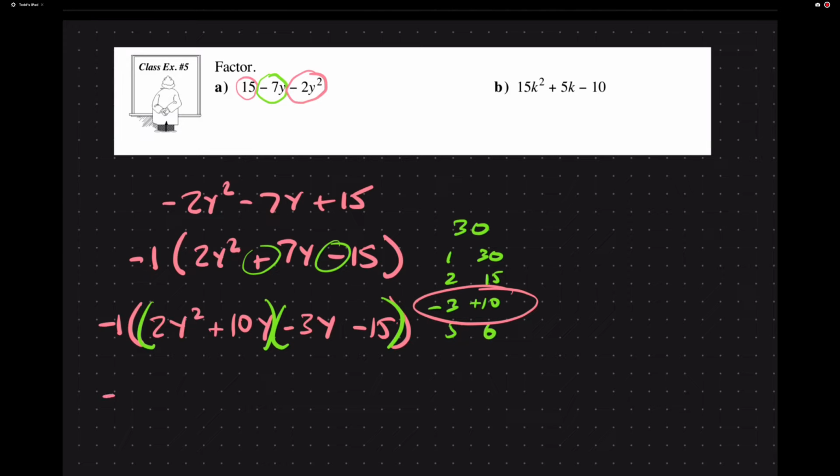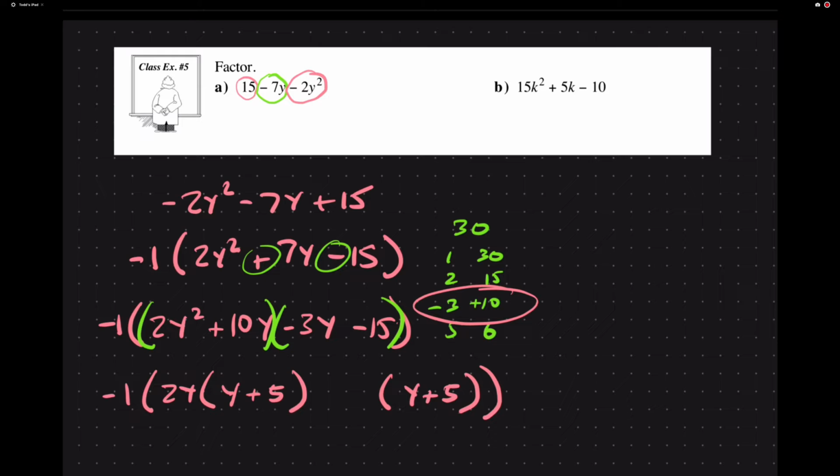So I still have my negative 1 pulled out. And what else do I have? Well, I'm going to pull out of this first binomial inside here a 2y, leaving me with a y plus 5, which means I should have a y plus 5 remaining on the other one.